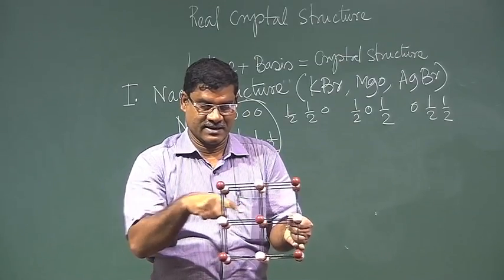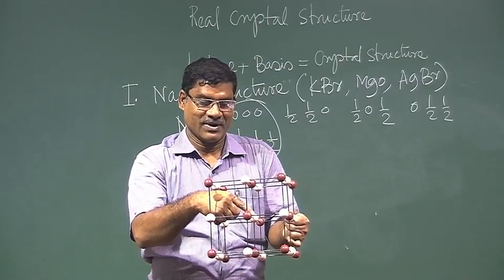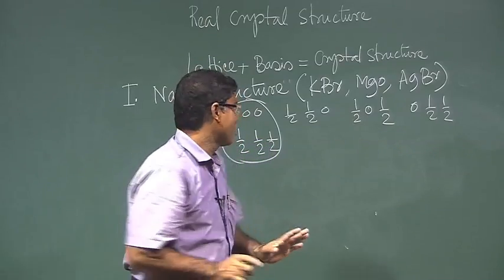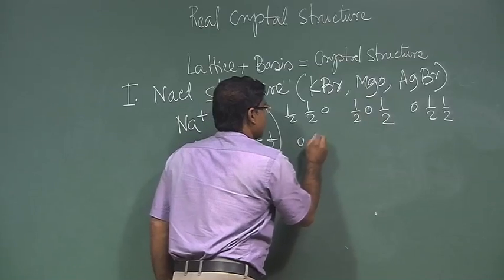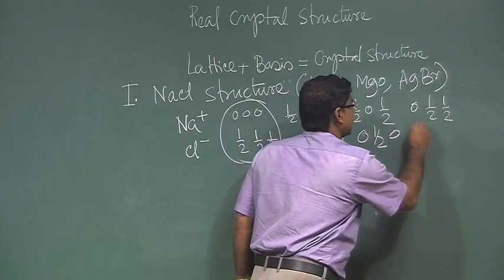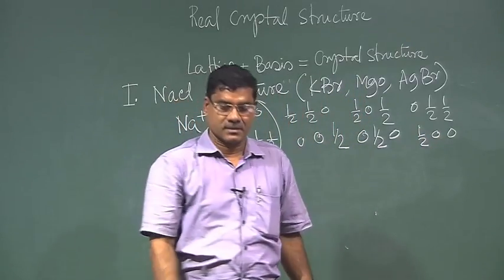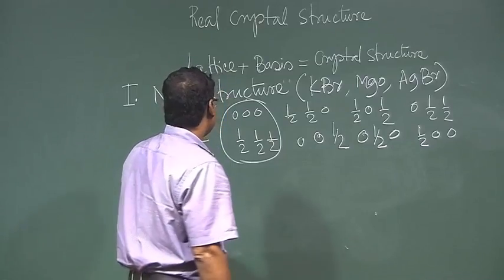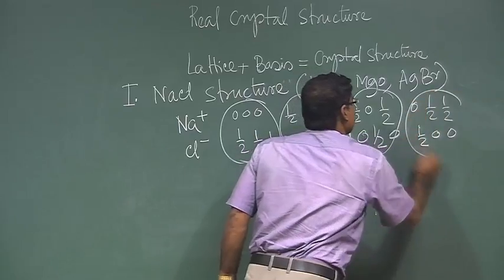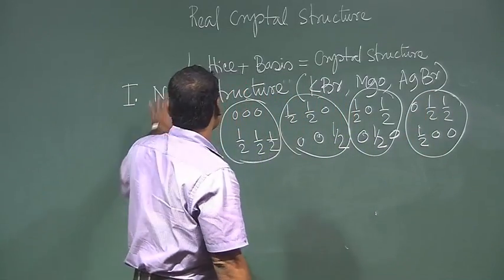So half, 0, half, and 0, half, 0, right. All will follow this way, so just blindly I can write this way, and you can find it out according to the way I showed you. So these are the 4 sodium chloride bases in that structure.